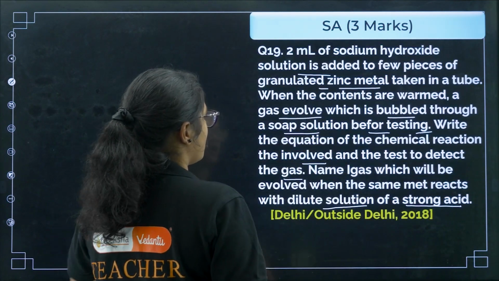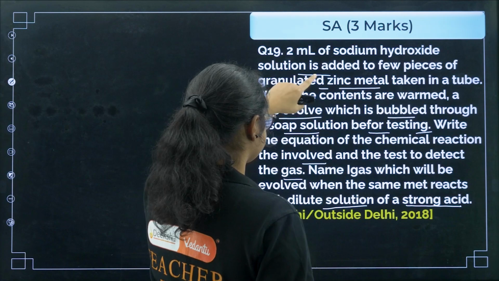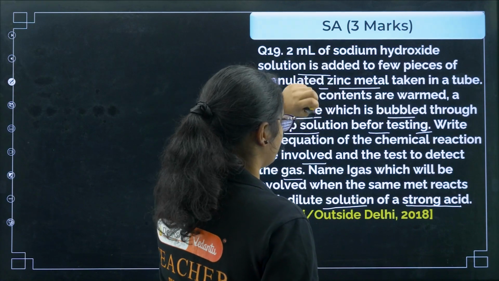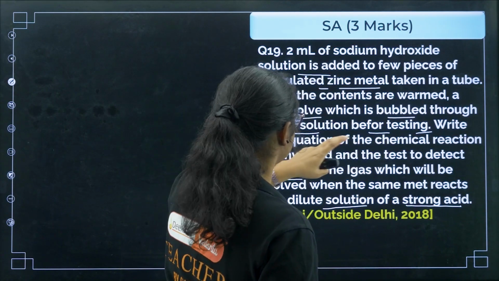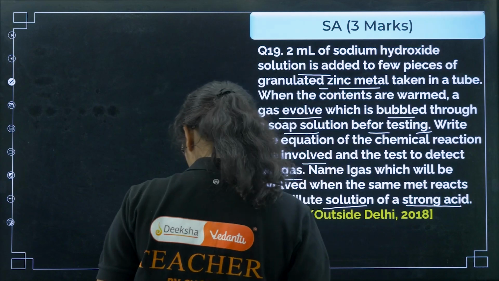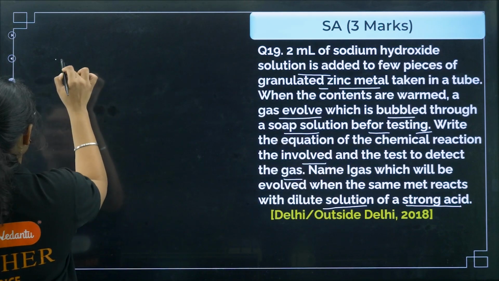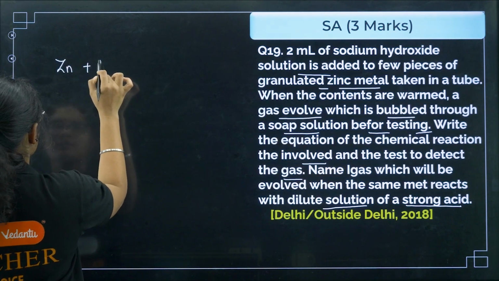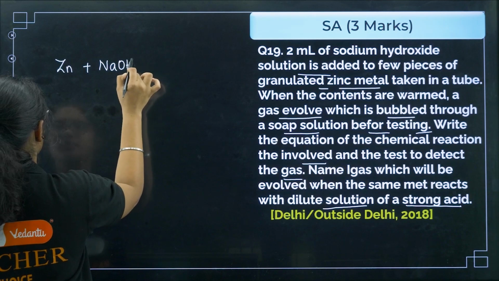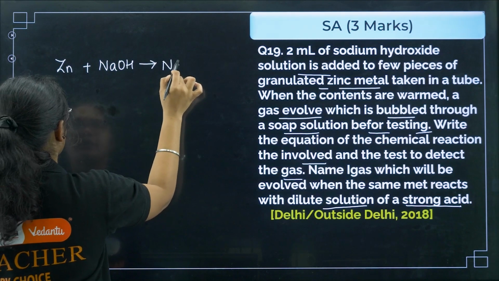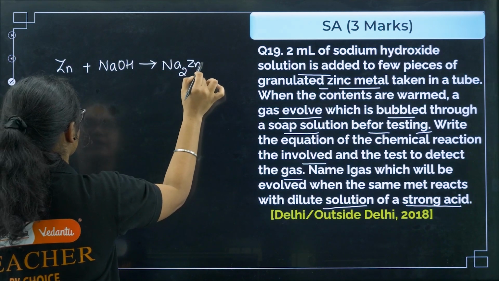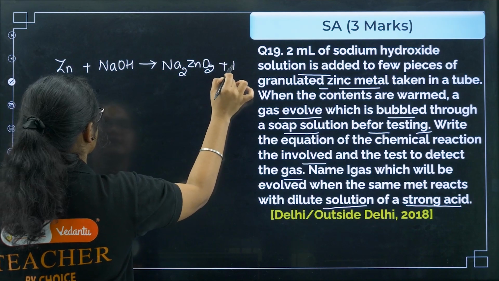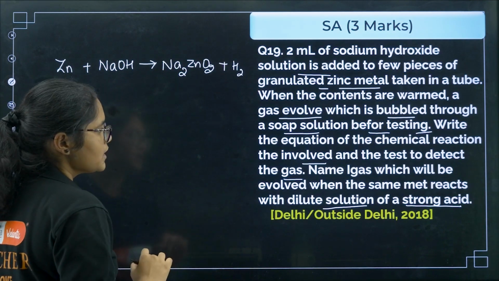So here we have zinc with NaOH. The first question is, write the equation of the chemical reaction taking place. So the equation is Zn plus NaOH will give you Na2ZnO2 plus H2, clear.